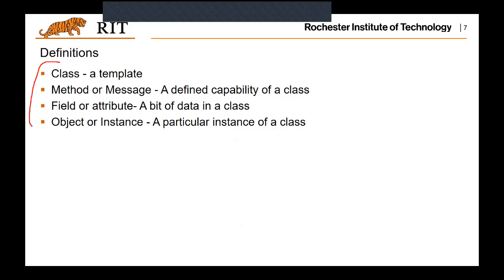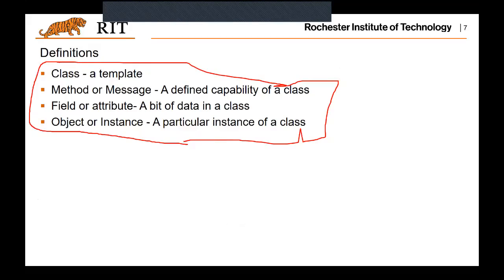The first one is the so-called class. The class is a template of the object. Also we have the methods and messages. Those are the defined capabilities of a class, and usually they are functions specifically for that class. Also, you have some data, which is usually called a field or attribute. So it's a series of data in the class.